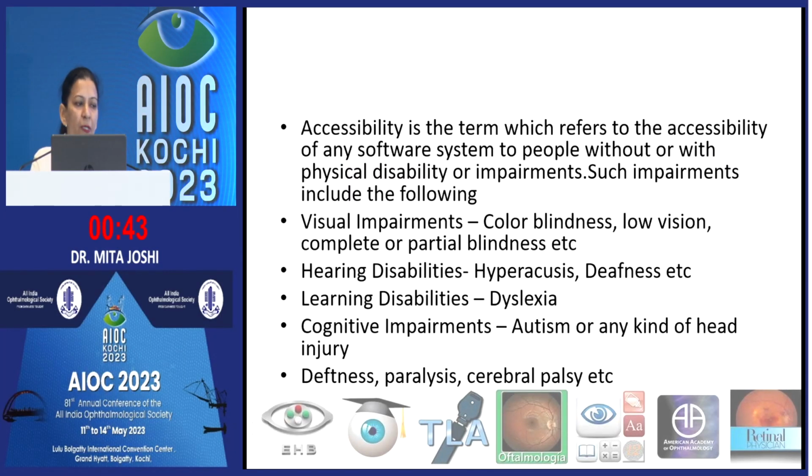This is one important thing which is now very close to my heart because I have a cousin who has lost his sight due to diabetic retinopathy, and he helped me search for apps and other modifications which help him in his day-to-day life and do his work also. So these are accessibility tools for various impairments like visual, hearing, learning, or cognitive.